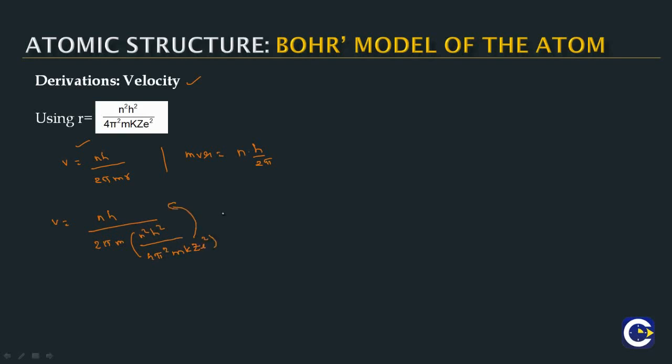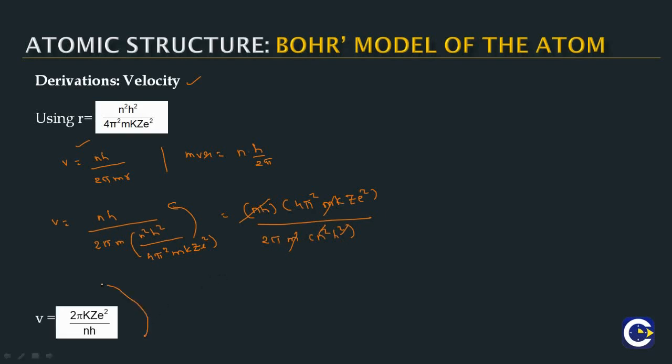So this will go to the numerator, which means nh into 4 pi square mkz e square by 2 pi m into n square h square. Upon cancelling one nh, we can cancel m. We will finally see that the expression for the velocity will be 2 pi kze square by nh. Here other than Z and n, everything else is a constant.